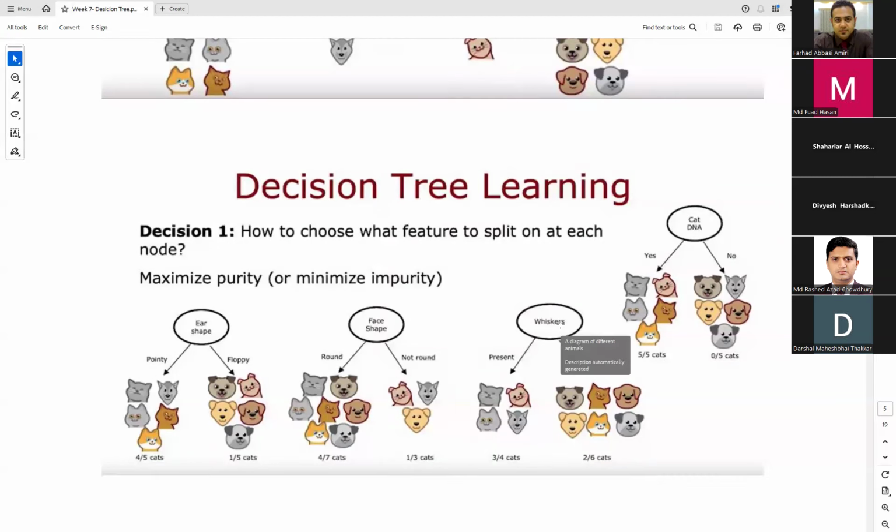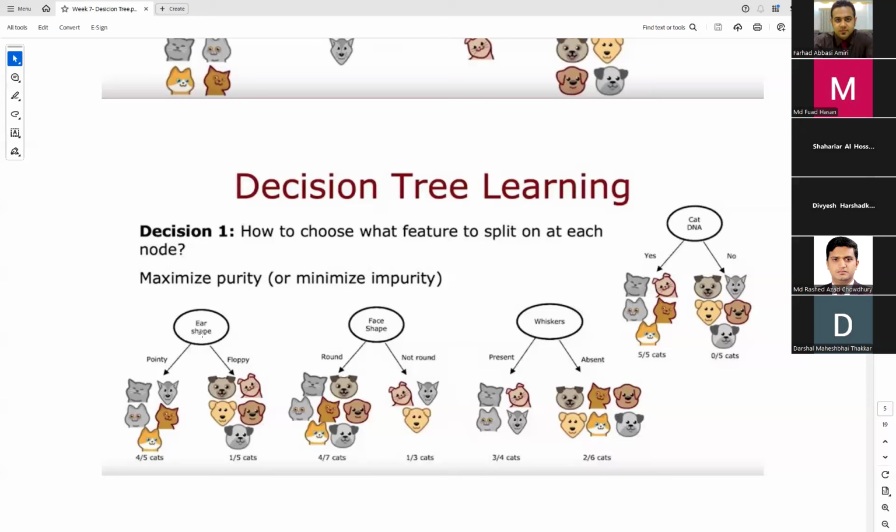For the whisker, on the left branch, 3 over 4. On the right branch, 2 over 6. By this measurement, we can say which of them, ear shape, face shape, and whiskers, deserve to start the splitting based on them, right?